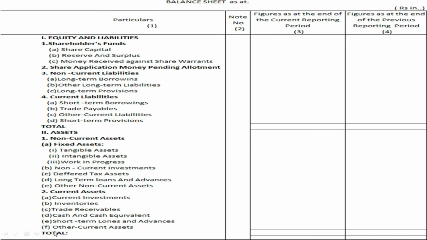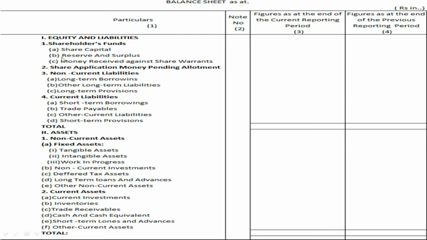So CIT and CSO, when they come, they just tell you cash show karo. When they come, they charge you for showing the cash. So all the items under current assets you can remember as CIT, CSO: current investments, inventories, trade receivables, cash and cash equivalents, short-term loans and advances, and other current assets.